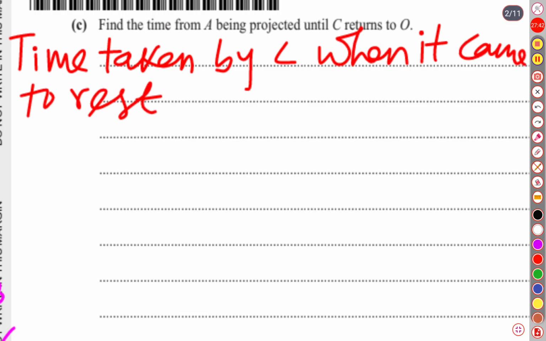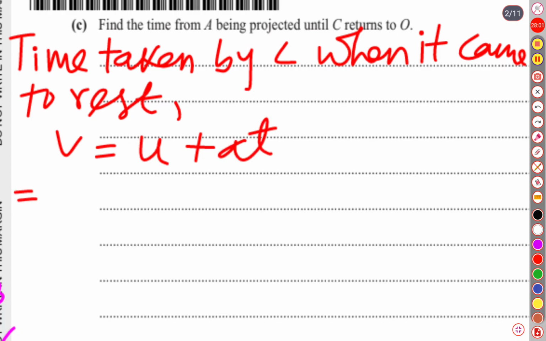When a particle comes to rest, surely its final velocity is zero, and we are going to apply frequently the first equation of motion: V is equal to U plus at.